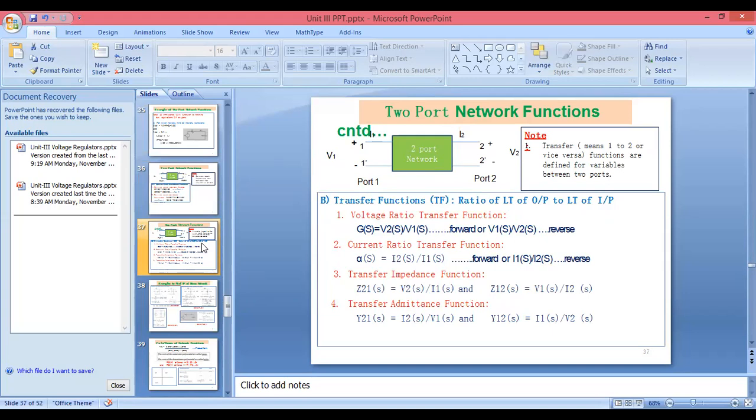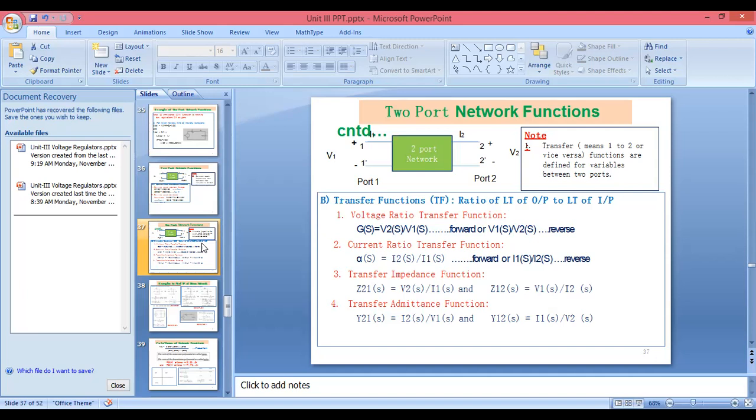In electronic circuits, we have seen what is meant by gain, what is meant by voltage ratio, current ratio. We are calling these a gain. So it is nothing but the ratio of output voltage with respect to input voltage. But here in electrical circuits, in our two-port network function unit, what we are studying is the voltage ratio, that will be in the form of a frequency function.